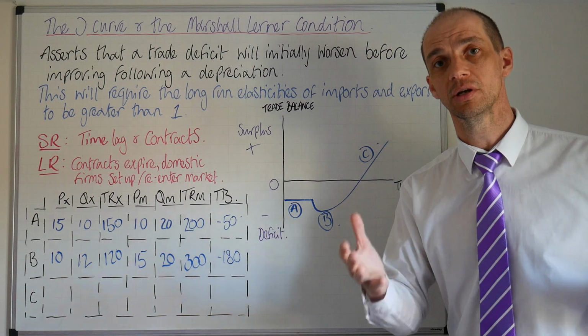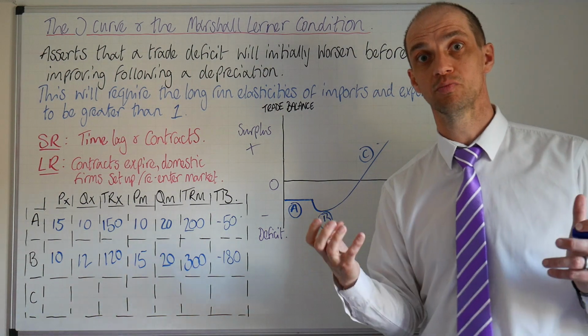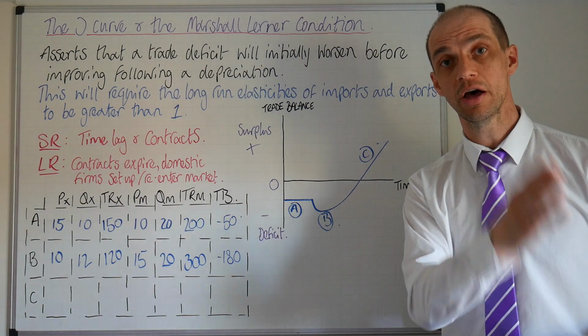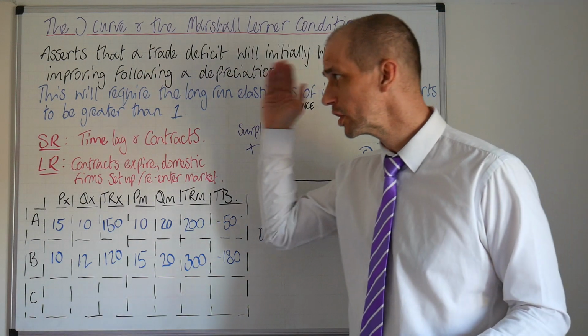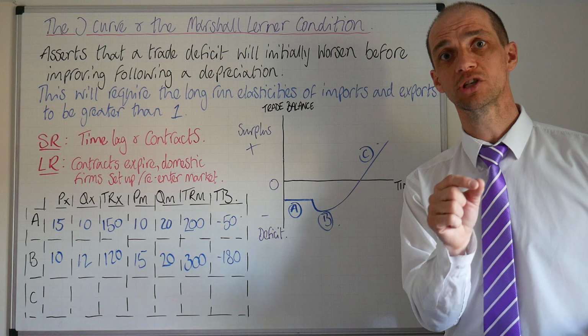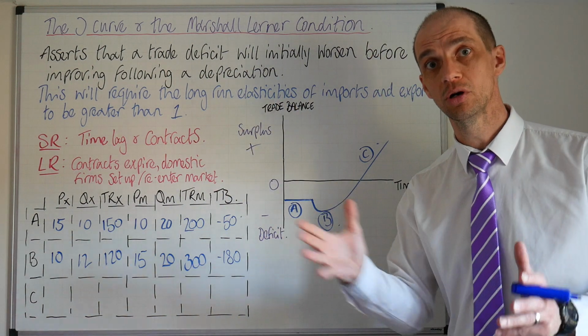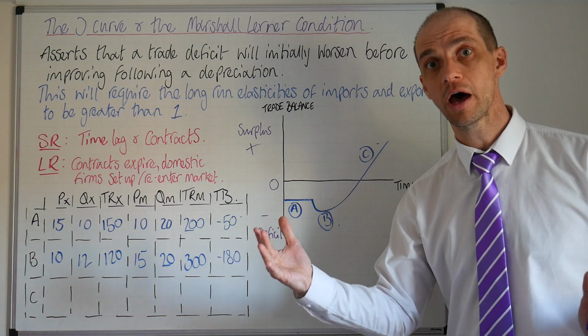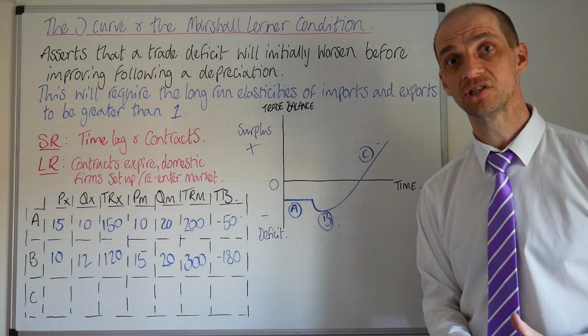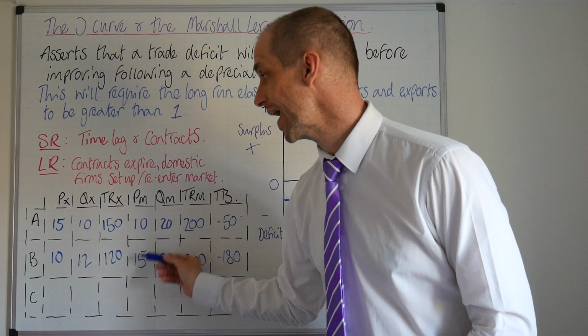It takes time for people to react and respond and change their buying habits. It takes businesses time to change contracts around, adjust their purchases and seek out cheaper, more competitive suppliers.